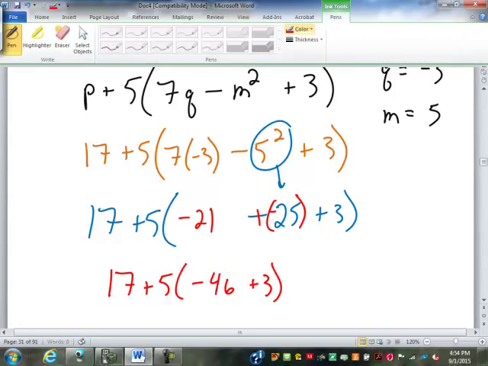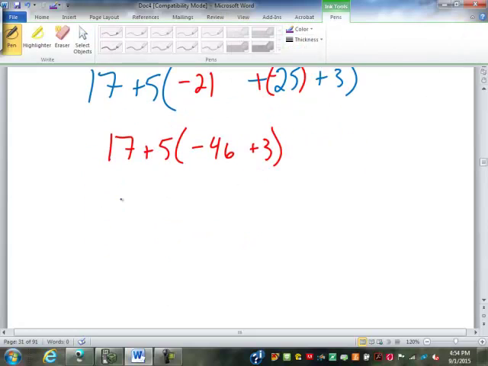And then -46 plus 3 is -43. Then we have 5 times -43.